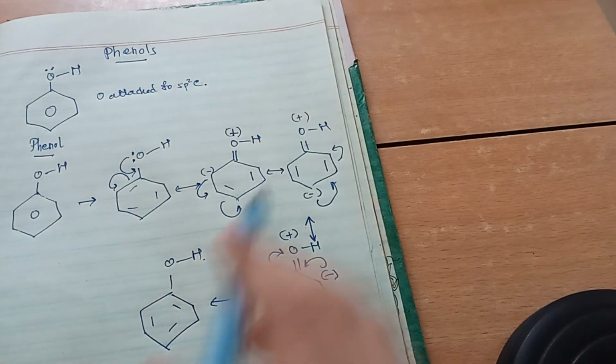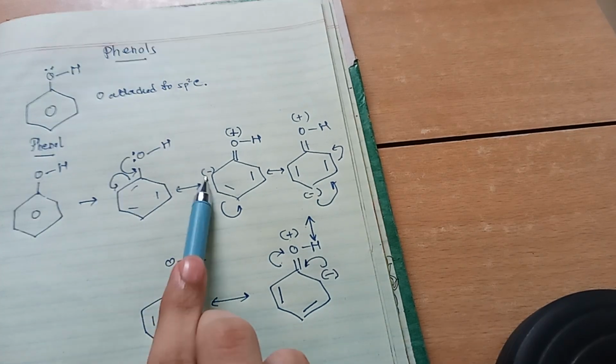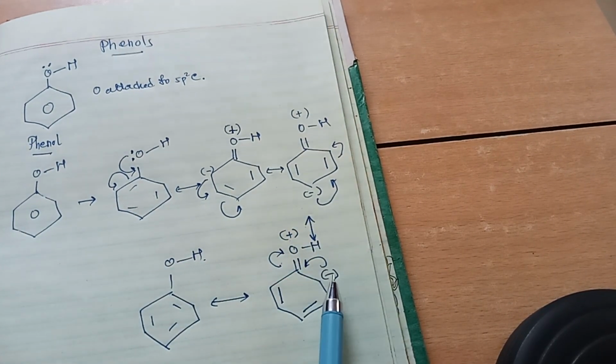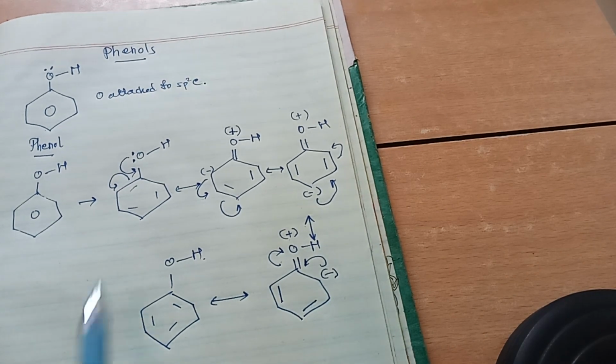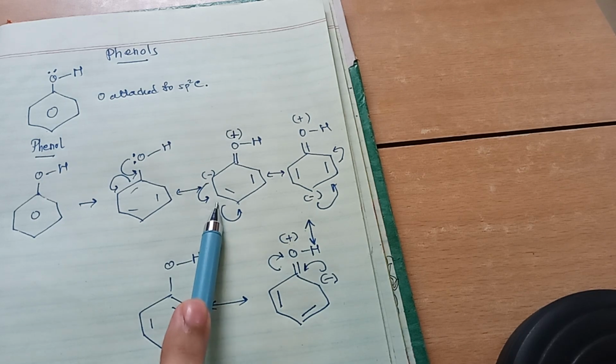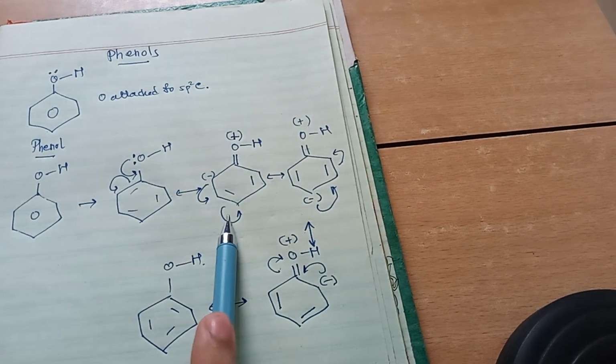An important thing which we observe over here is that the negative charge is being formed on the ortho, para, ortho positions. This is the hydroxyl group, so this is the ortho position, meta position, para position. Again, ortho position, meta position, para position.